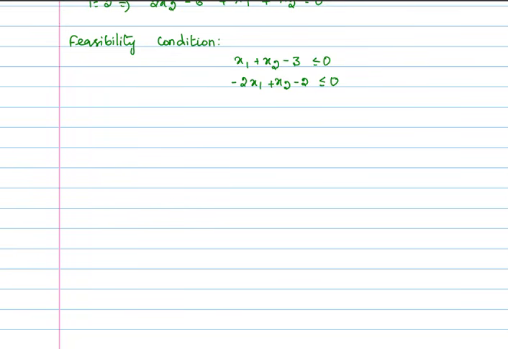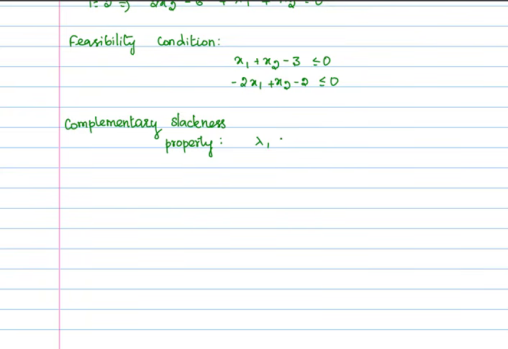Then the complementary slackness property gives lambda j times gj equal to 0.